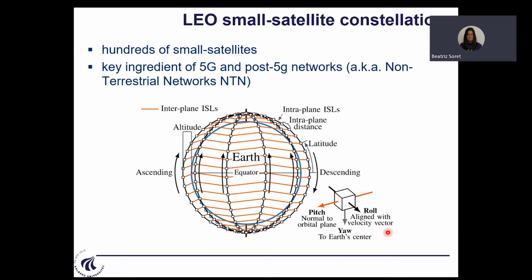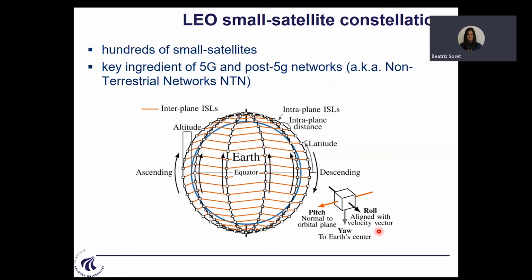One of the axes goes with the velocity, so with the movement of the orbital plane. There, what you will typically deploy is antennas to do the intraplane intersatellite connection. So in your orbital plane, you will be talking to the satellite in front and the satellite behind you. That's the typical implementation.